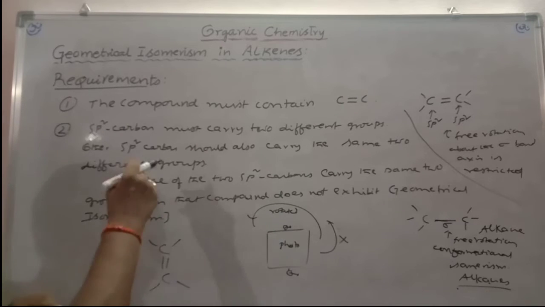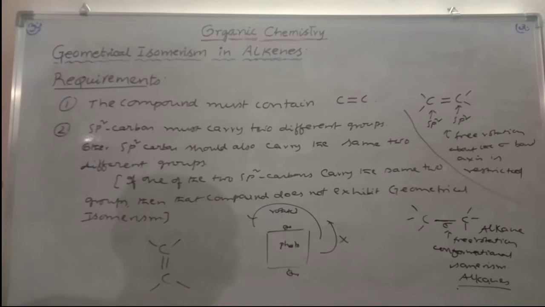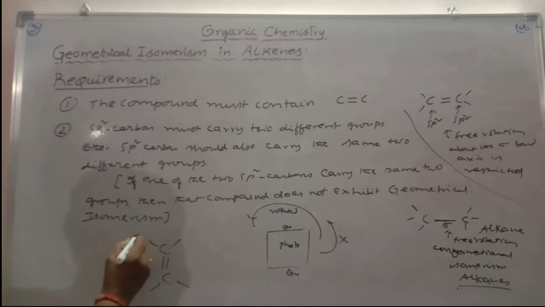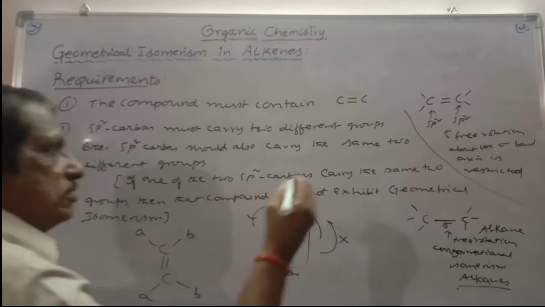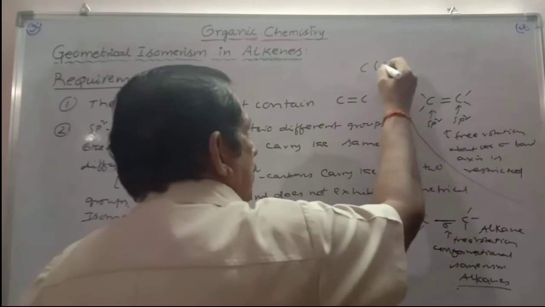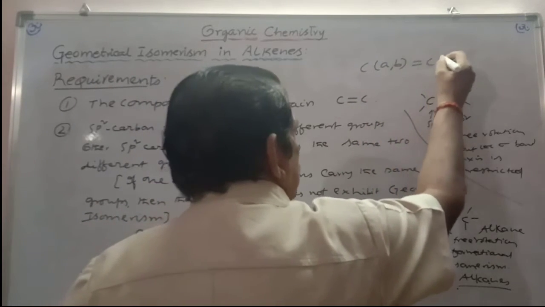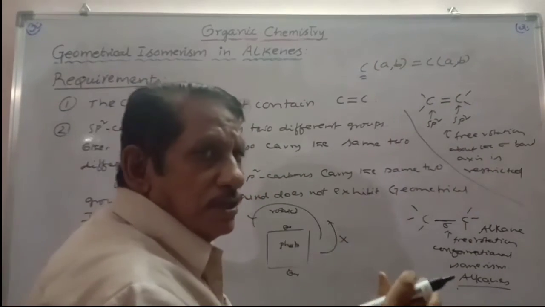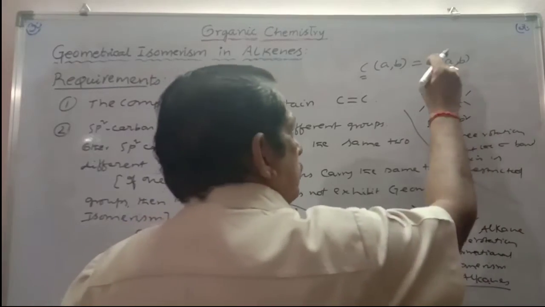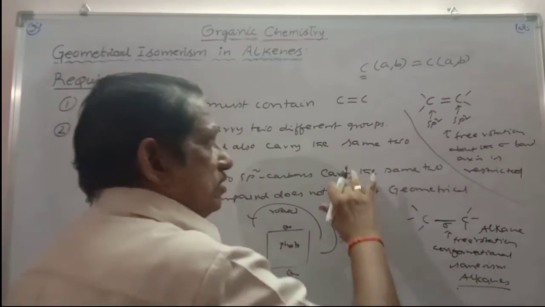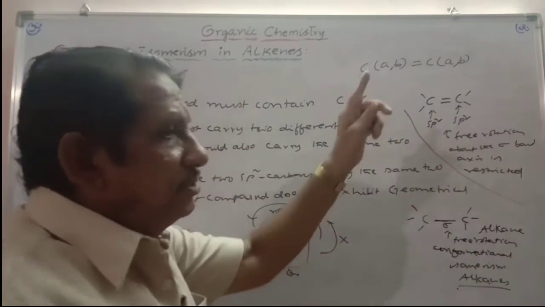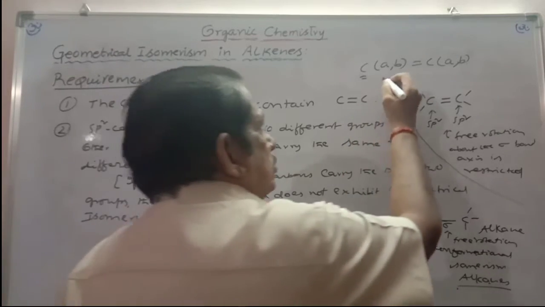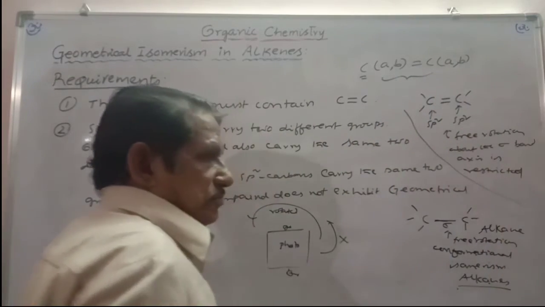Here it is carrying two groups, A and B. This is also carrying two groups, A and B. That means it is CAB double bond CAB. This sp2 carbon is carrying two different groups. The same two different groups are also carried by the other sp2 carbon, and therefore the conditions are completely fulfilled, and so there is every possibility for this compound to exhibit geometrical isomerism.